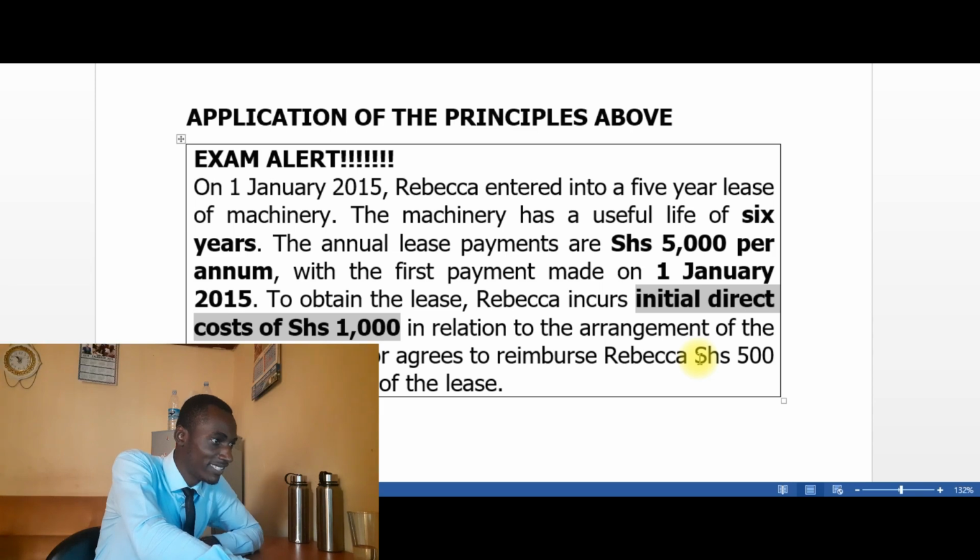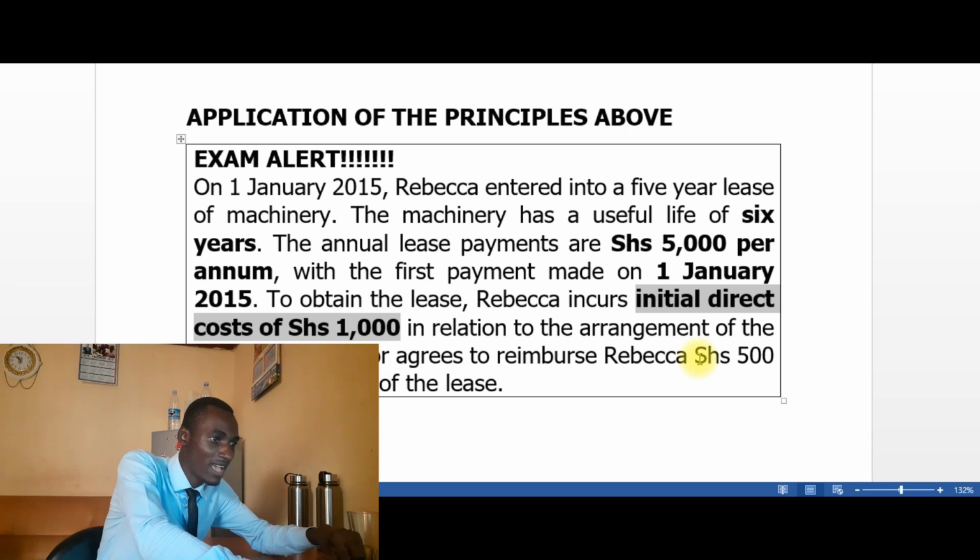Now, on 1st January 2015, this is our inception of the lease. Rebecca entered into a 5-year lease of machinery. So the lease term is 5 years.